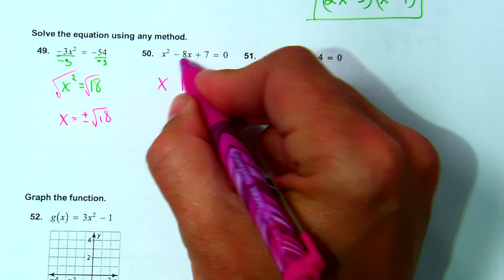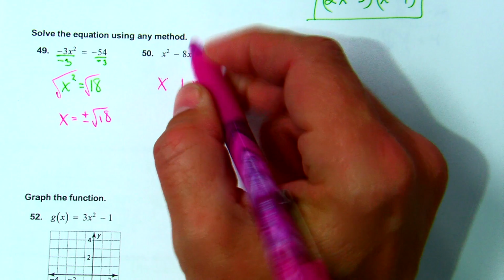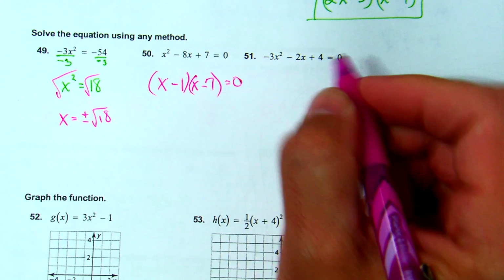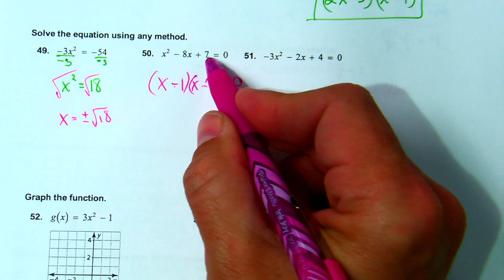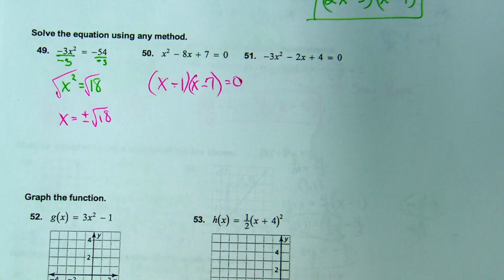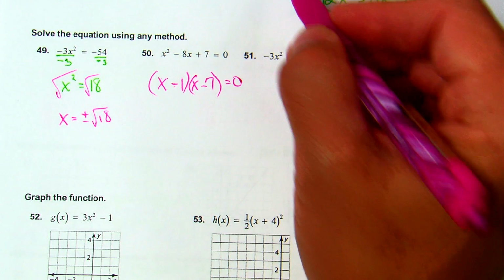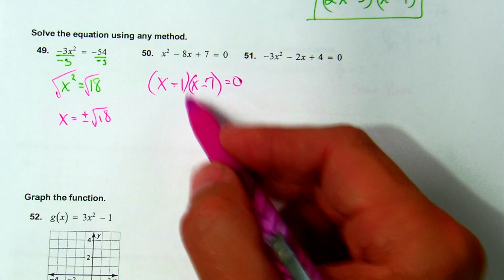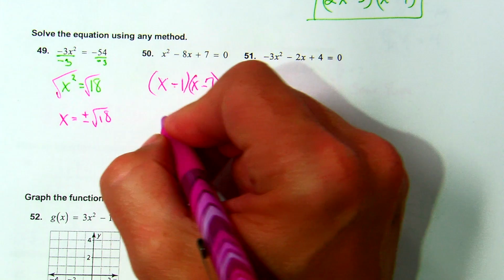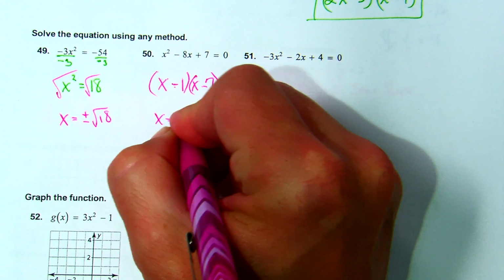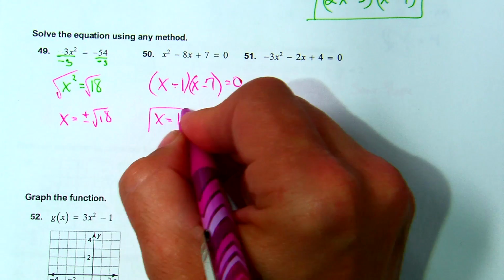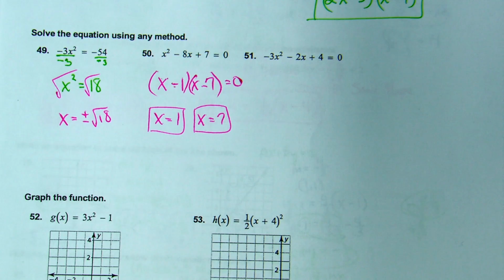They have to multiply to be a 7, but add to be negative 8, so they both have to be negatives. 2 negatives make a positive, but 2 negatives make that negative 8. This is just doing the X method we did on number 46, but in our heads. Then we set both of these equal to 0, so we know that x has to be a 1 in this case, or x has to be a 7 in that case. So those are my 2 possible answers there.